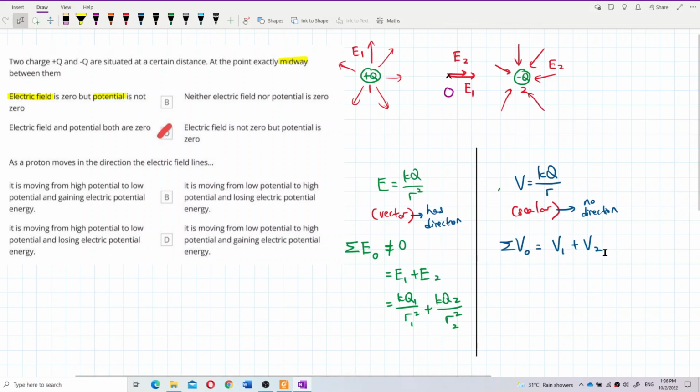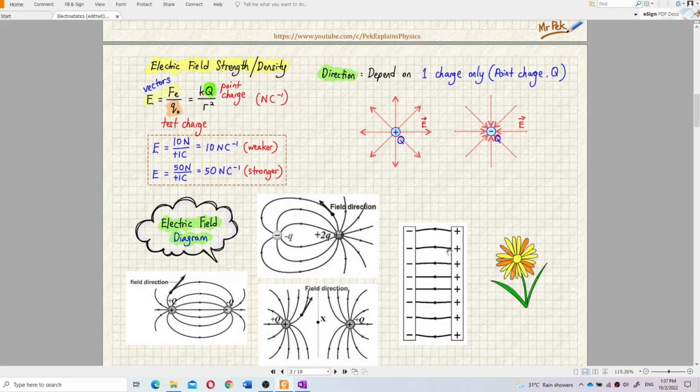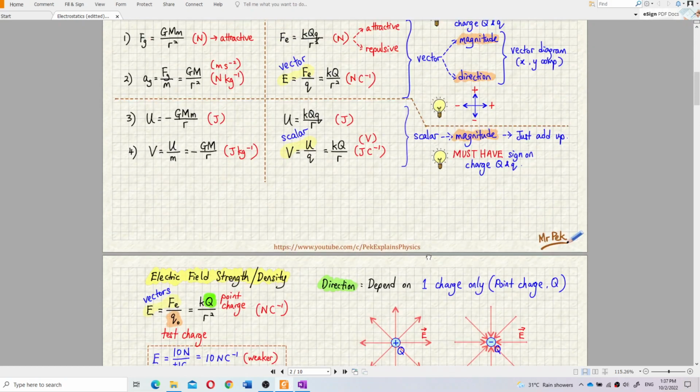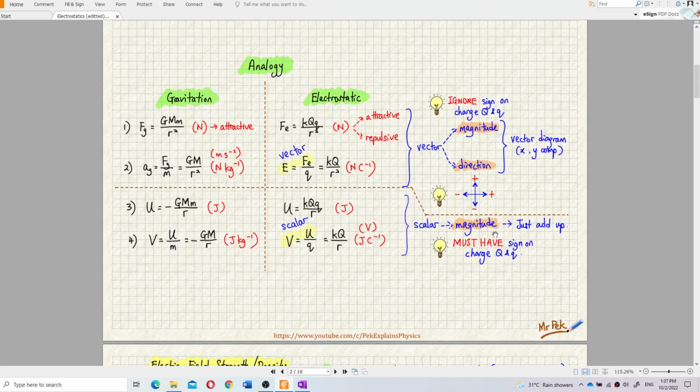So for this one, we substitute this potential with the formula. Remember, when we want to find the total potential, we just add up.